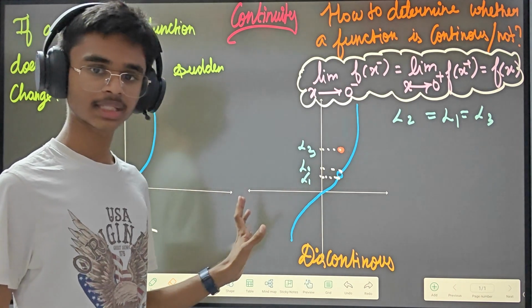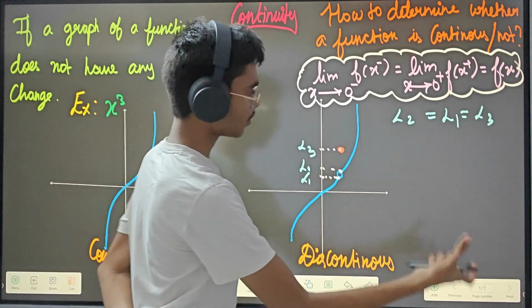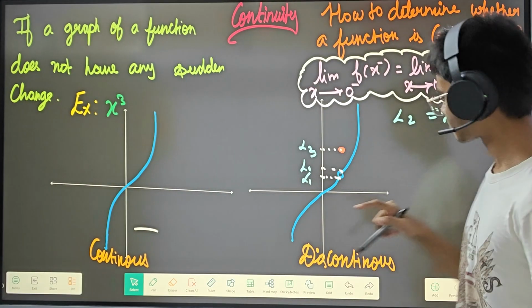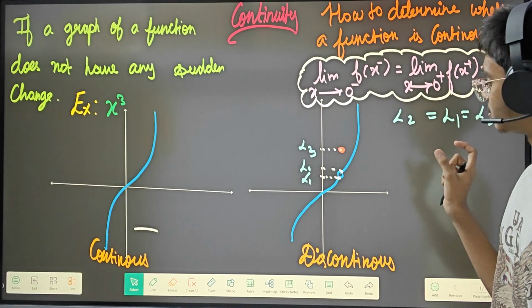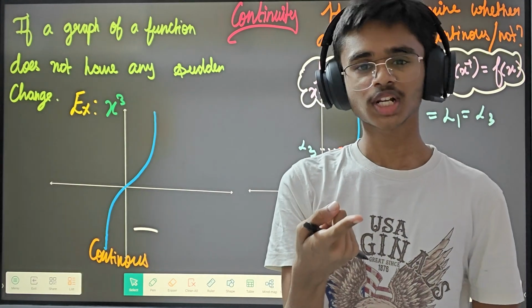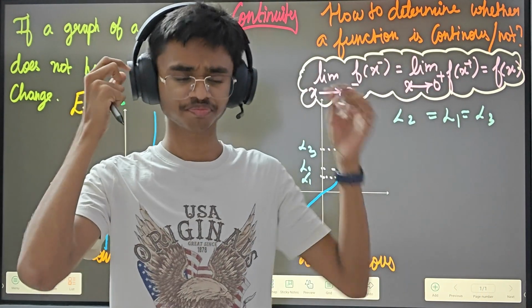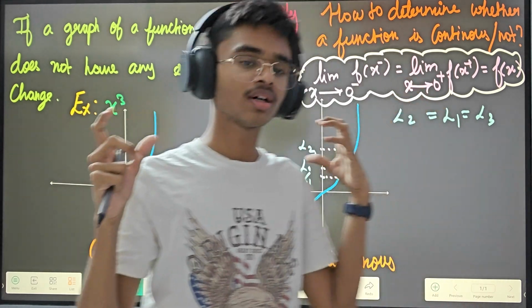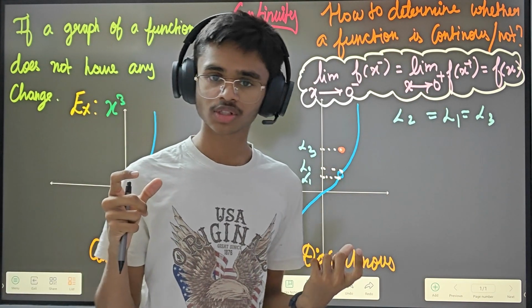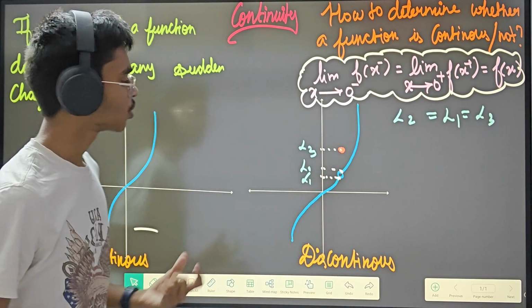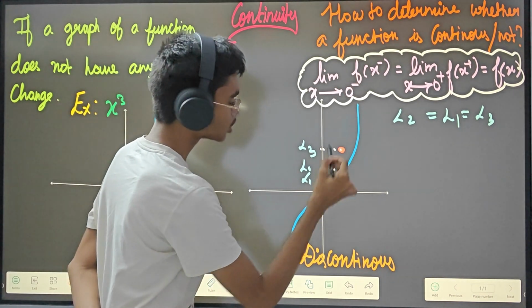Okay, I hope everything is clear. So in order to say whether it is actually continuous or not, in limits itself we have studied what is actually a limit, what is the definition of limit. A value that is being approached by a function is the definition of limits, right? So here this is the value that is being approached by this function.